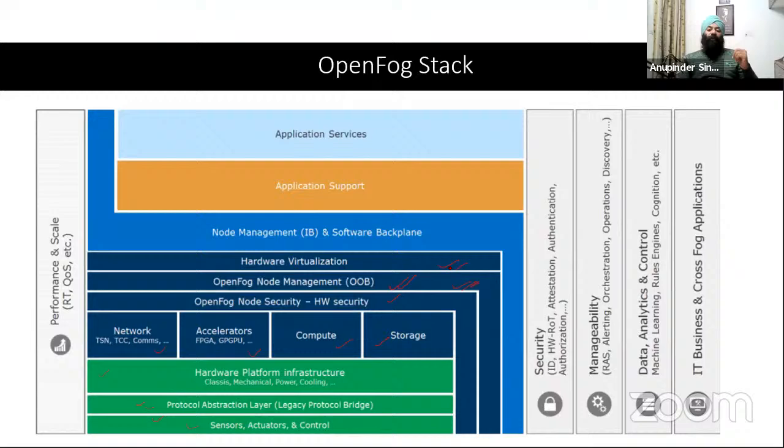And once we have all that in an individual node, we are supposed to have a certain backbone corresponding to node management and the software backbone. And then above that, the application stack is maintained, that is under two different things: one is application support and one is application services.